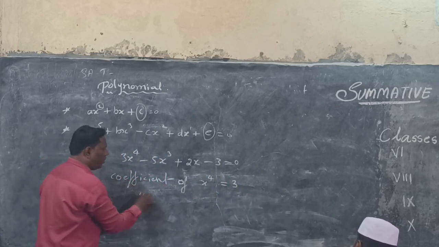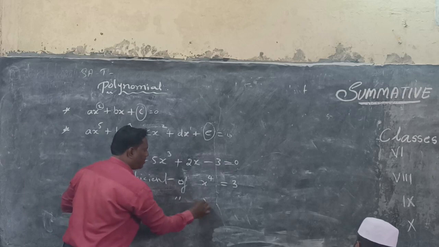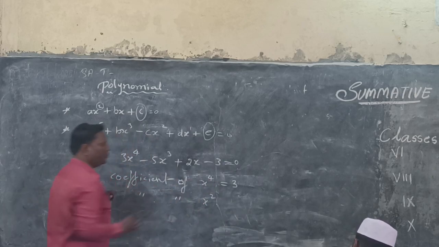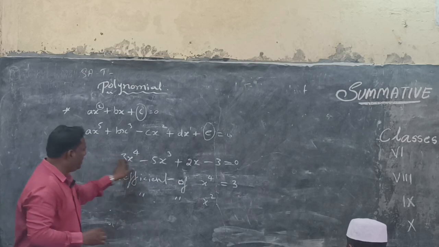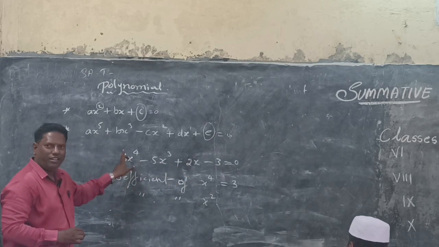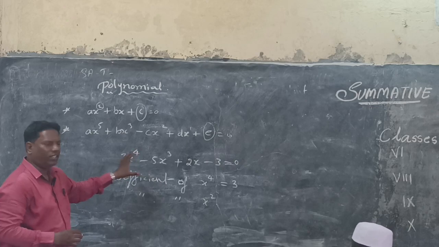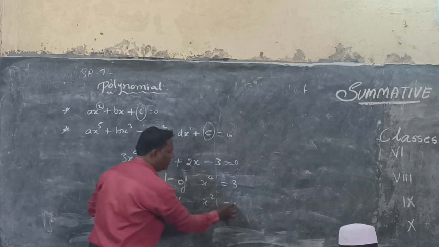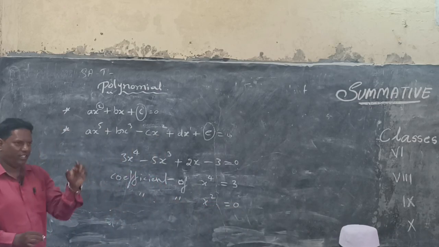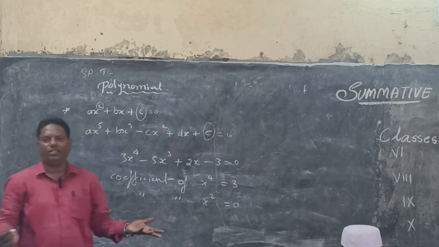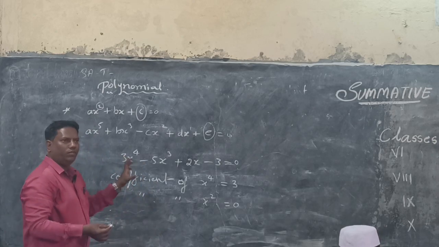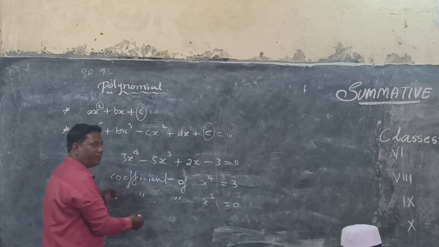Same question: what is the coefficient of x to the power of 2? Is there any power of 2? No. So in this case you just write 0 directly. Got it? If there is a 2 you can write it, otherwise if there is no 2 you write 0.